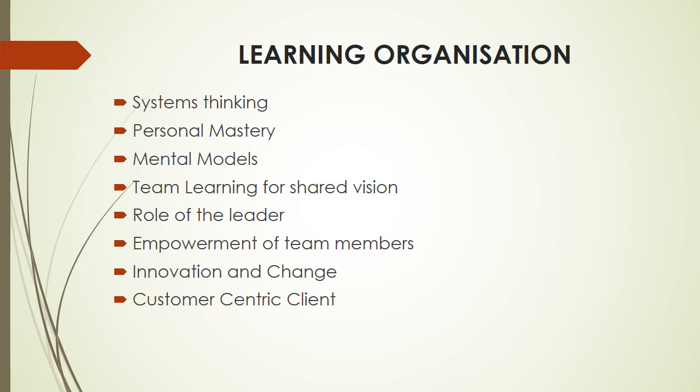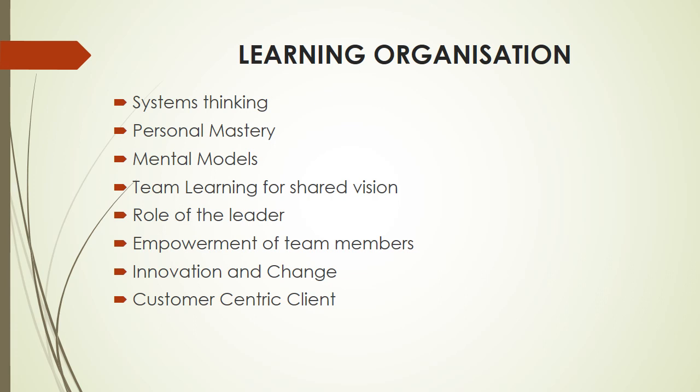What is a learning organization? A learning organization is one that has developed the capacity to continuously learn, adapt, and change. This definition was given by S.P. Robbins and M. Coulter. Peter Senge popularized the concept of the learning organization through his book, The Fifth Discipline.